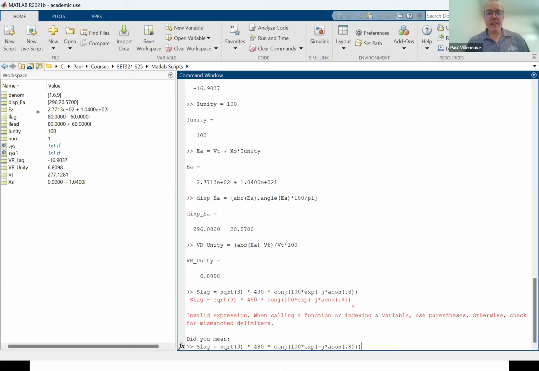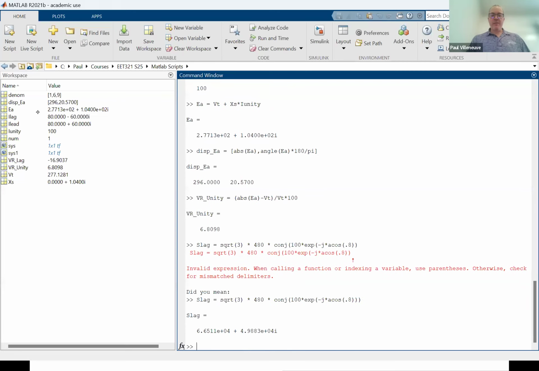Do I have too many? Not enough. Square root of 3. Yeah, I need one more. So P lagging is 66,051. Q lagging is positive, right?